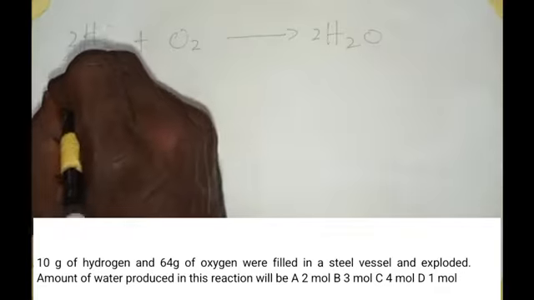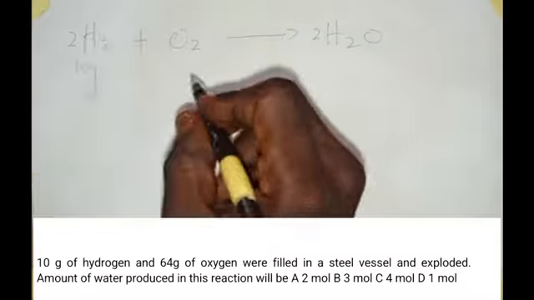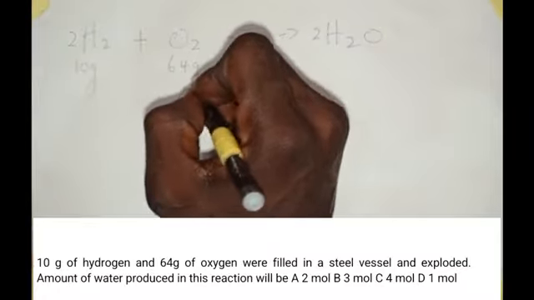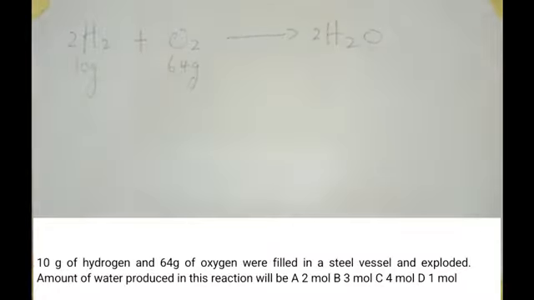Next, let's talk about the given values in the question. We are given 10 grams of hydrogen and 64 grams of oxygen. So we are going to divide each of these masses by the molecular weights here to know which is the limiting reagent. Let's try it out.